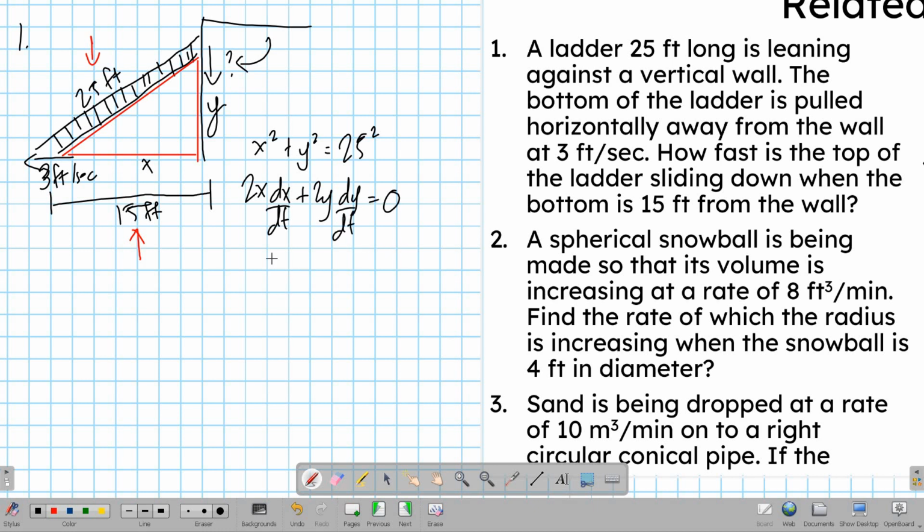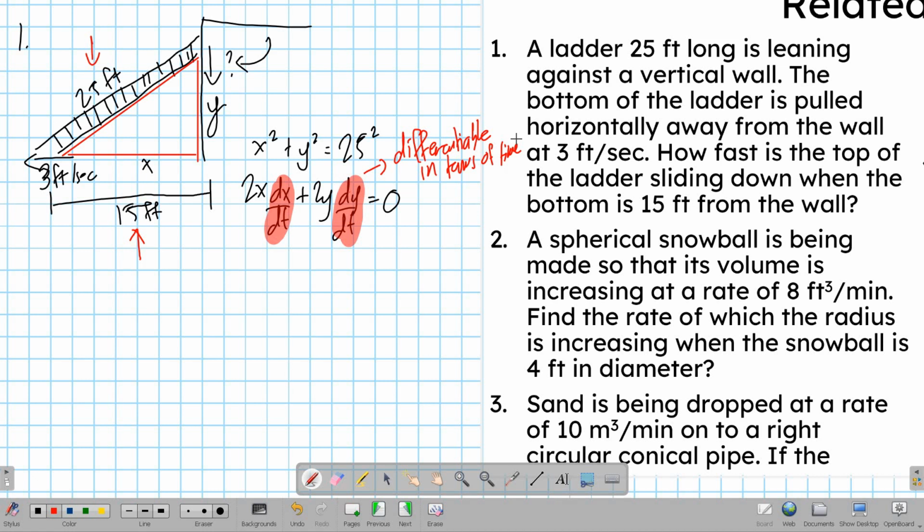Take note that we have to place dx over dt and dy over dt because this is the one that tells us that these are differentiable in terms of time. So you would always include the d over dt for your variables, and that is very important.